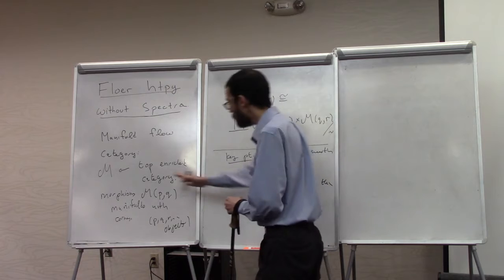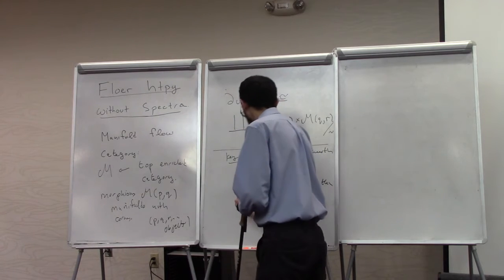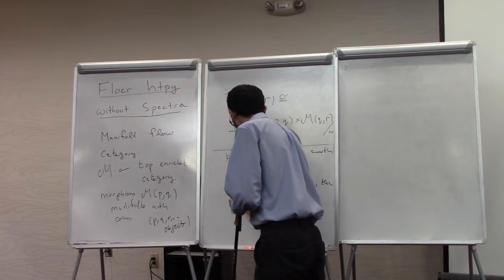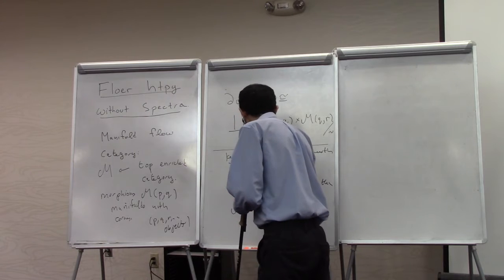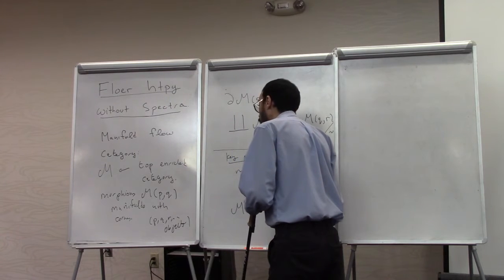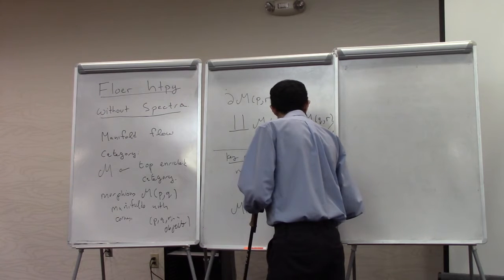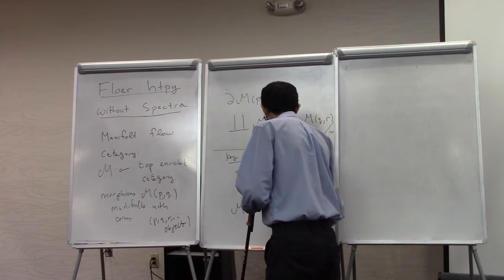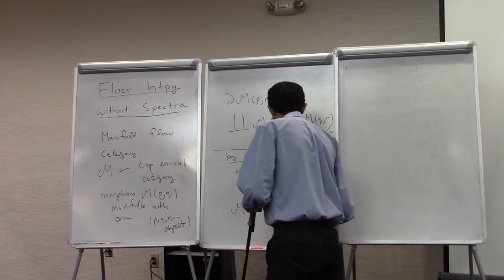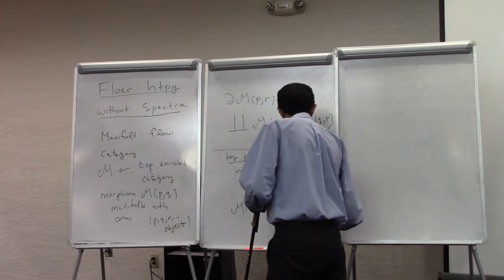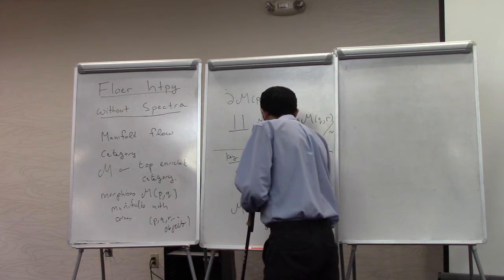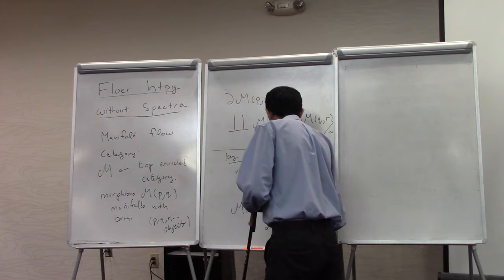Then you can form a category. Let's call it M of f. This is a manifold flow category, with morphisms given by the space of gradient flow lines.